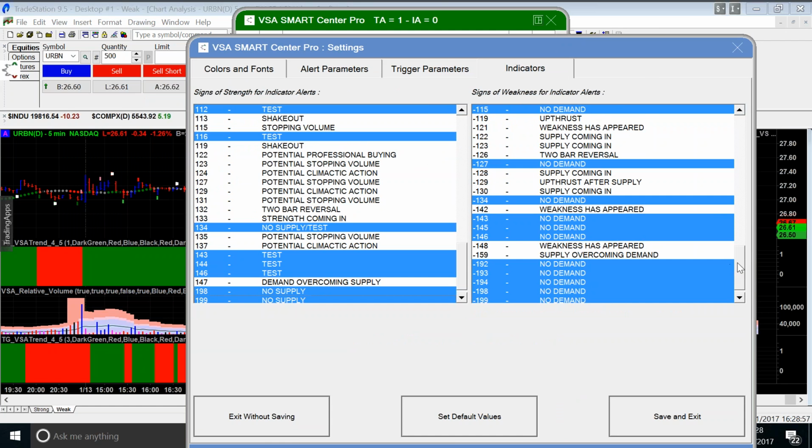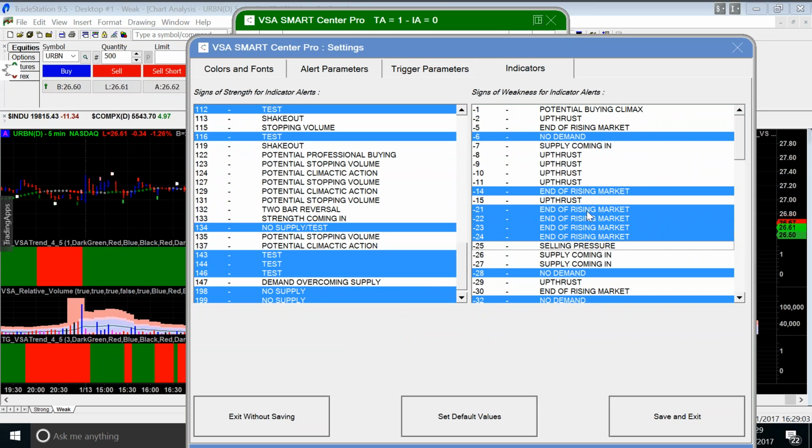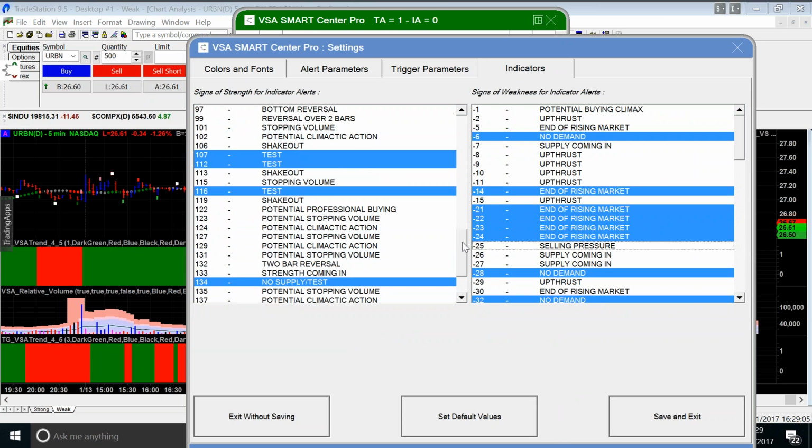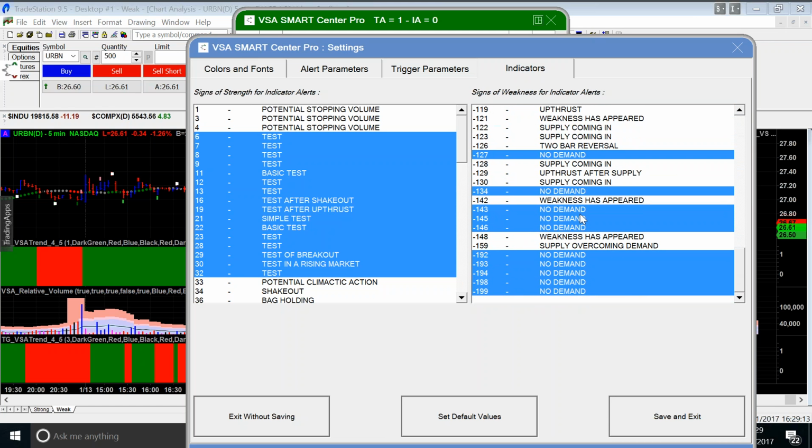We can search for end of a rising market, all of these just by left clicking them. We can search for bag holding if we want to. We can search for testing, which is my favorite in a rising market. And in a falling market, I'm looking at no demand. So all of my scanners for stocks are looking for no demand in a downtrend and testing in an uptrend.